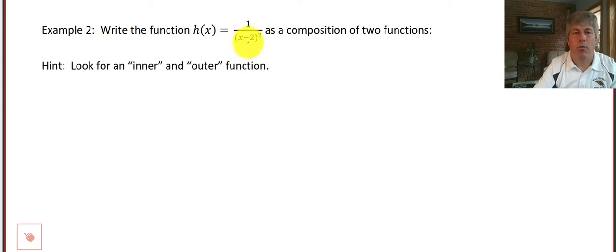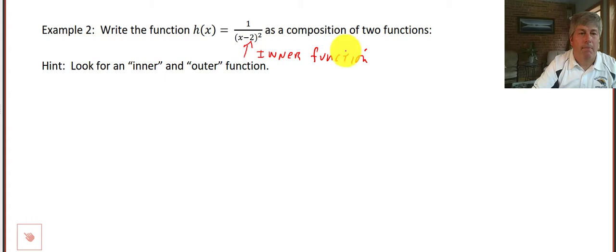Now there are multiple correct answers here, but I do see this x minus 2 could be an inner function. So we could say that we have this function, we'll just call it f of x, could be x minus 2.